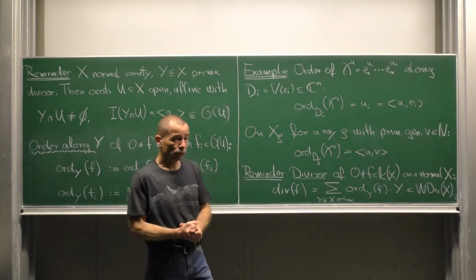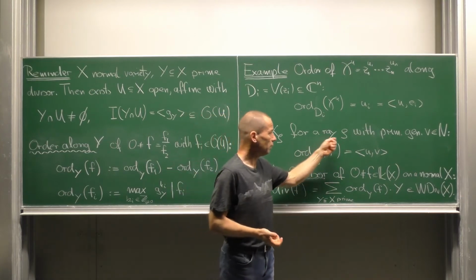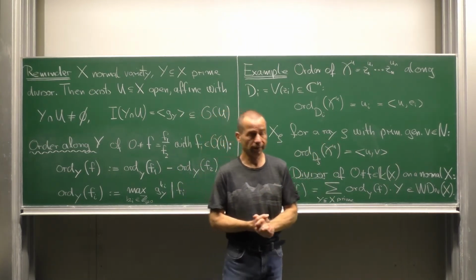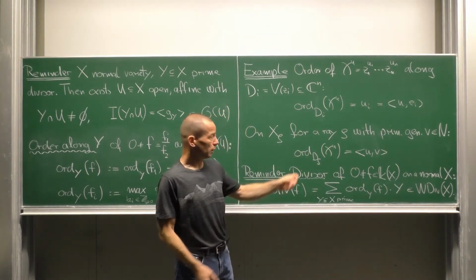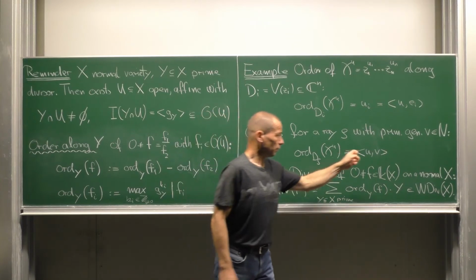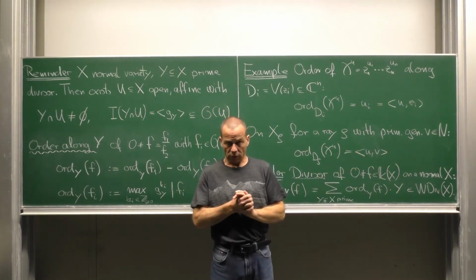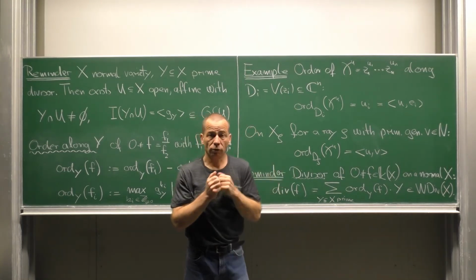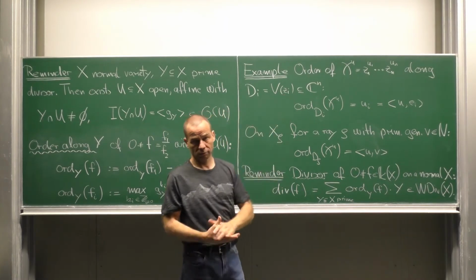Consider an affine toric variety X_ρ defined by a ray ρ with primitive generator v in some lattice N. Then the order of a character function χ^u along D_ρ is u applied to the primitive generator. This is seen by transferring this situation via a suitable toric isomorphism into that situation.